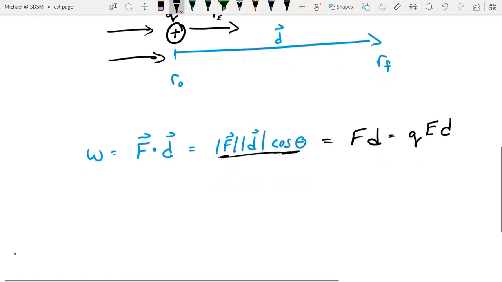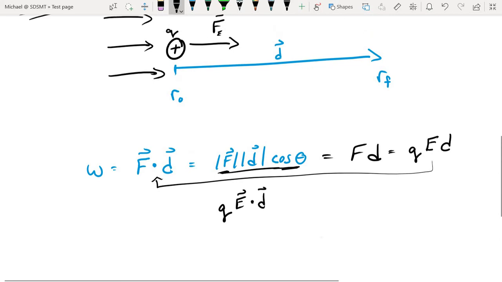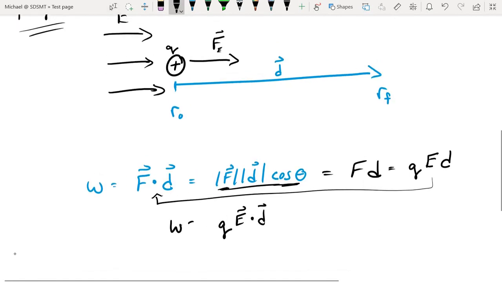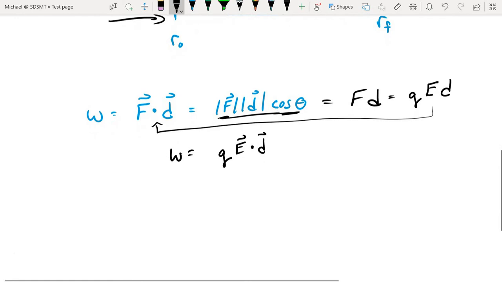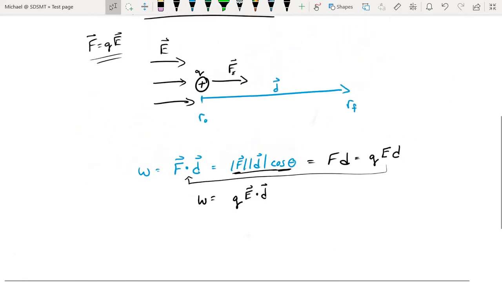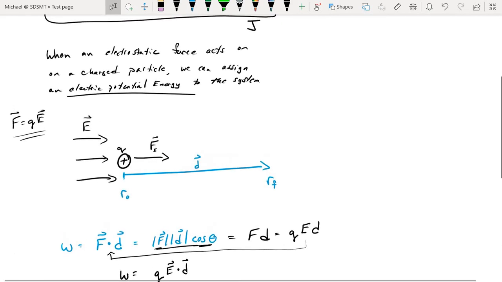And if we backtrack that, we now have our charge, q, times the dot product of the electric field and the displacement vector. And that is the amount of work done. But this is just work. We said that we want to relate this to the potential energy in the system.